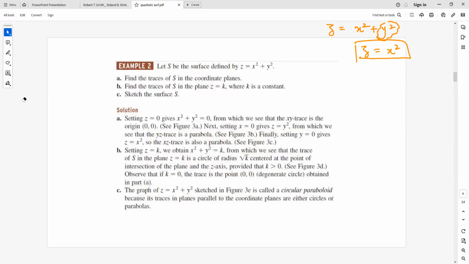We can draw it here on the xyz Cartesian system. So it will be like, this is x, this is y, this is z. So this is negative y, this is negative x. Now this is z equals x squared, so it will be on this zx plane like this.